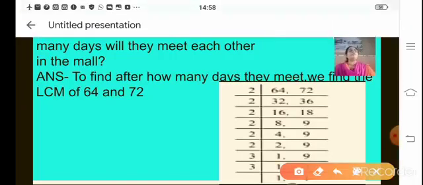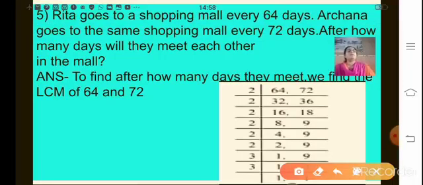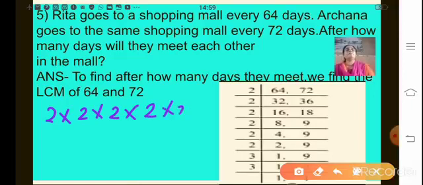When we find the LCM of 64 and 72, according to the division method, we get 2 into 2 into 2 into 2 into 2, that is, 2 is multiplied 6 times, and then 3 into 3, that is 9.